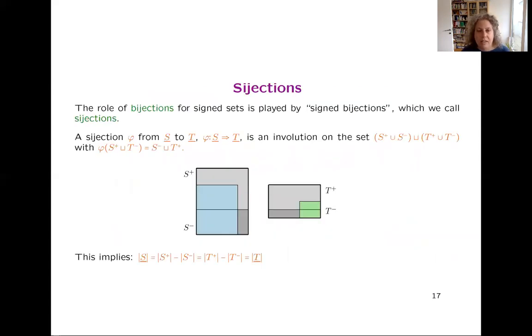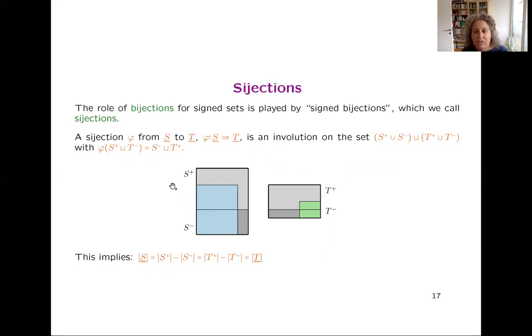So the next important notion is zijections, which generalizes bijections. A zijection from a signed set S to a signed set T is just an involution on the disjoint union of the elements in S and the elements in T, such that elements from S plus and T minus are mapped to elements from S minus and T plus.